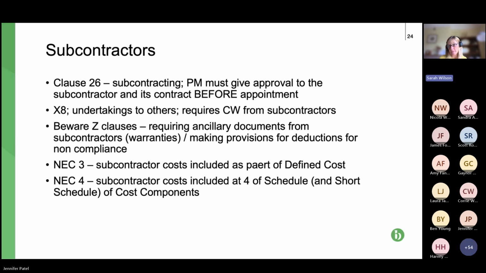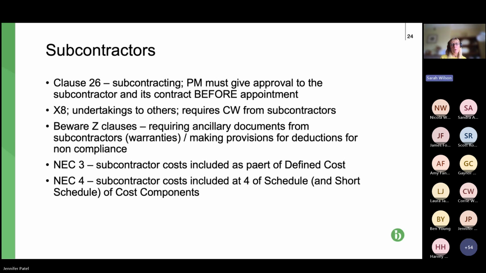We've also got, as we've seen, X8, which was the undertakings, which is collateral warranties, and may also require collateral warranties from subcontractors, consultants, etc. Third bullet point, beware of Z clauses. They're the amendments which add extra responsibilities in terms of the contractor engaging subcontractors, but that applies to all of the core clauses.